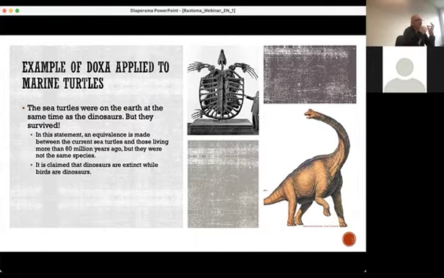And when you say that the sea turtles were on the Earth at the same time as the dinosaurs, you forget that these are not at all the same marine turtles. Another problem with this sentence, you claim that the dinosaurs are no more present on the Earth, but birds are dinosaurs. Birds, from a systematic point of view, are dinosaurs. So you cannot say that dinosaurs have disappeared because they are still present as birds.